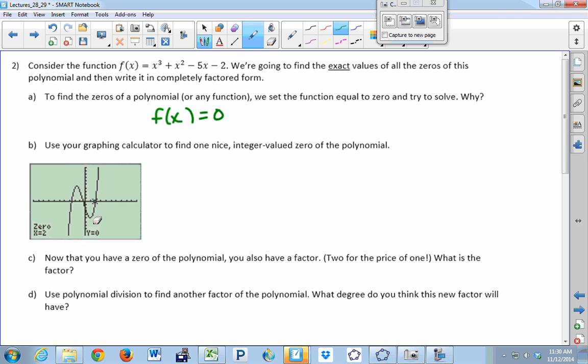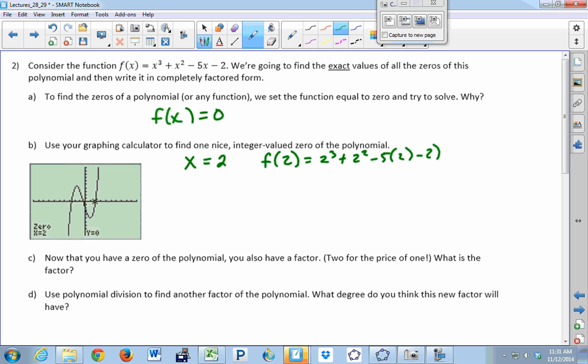I know in the old days graphing calculators were required, so they're not required anymore, so I just put the screen here for you. If you put this function into your calculator in y1 and you graph it and you ask for a 0, you get (2, 0). So we now know that we've got a really pretty 0, that if I put 2 into this function, out would pop a 0.